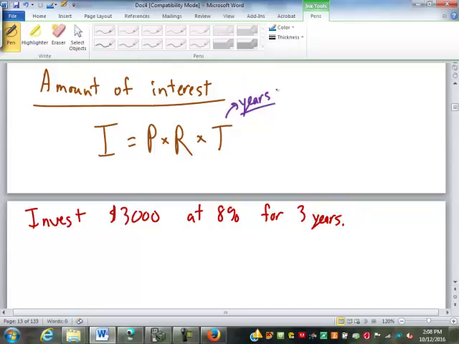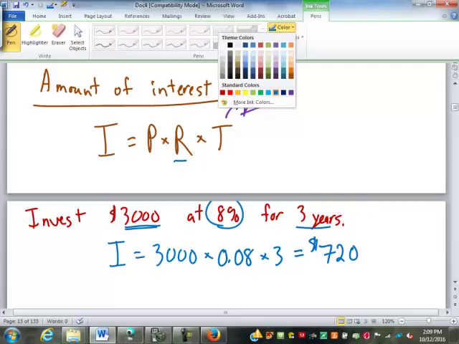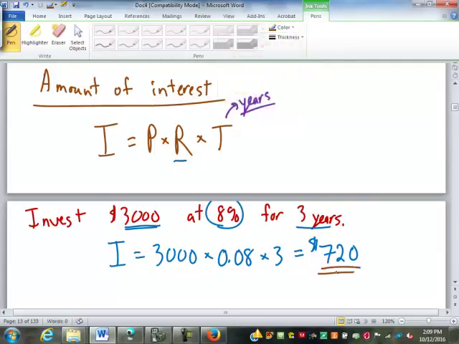The amount of interest earned, well, our principal is the starting amount, the $3,000, times our rate is the 8%, but we have to convert it to a decimal, so 0.08, and our time is 3 years. So that comes out to be $720. Okay, so we get $720 in interest for that 3-year period of time.